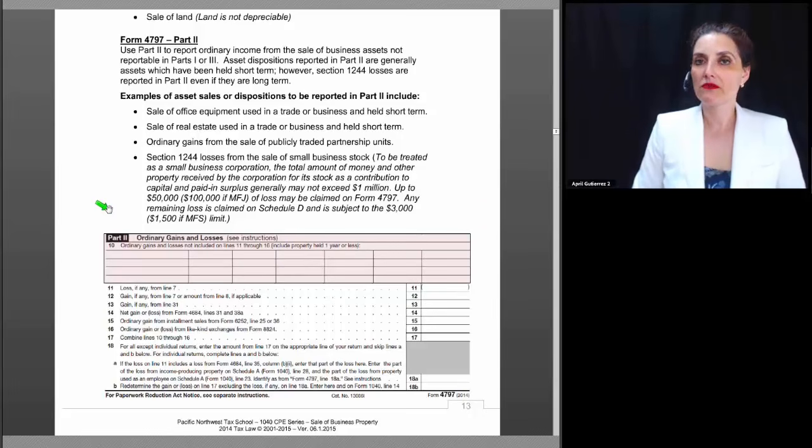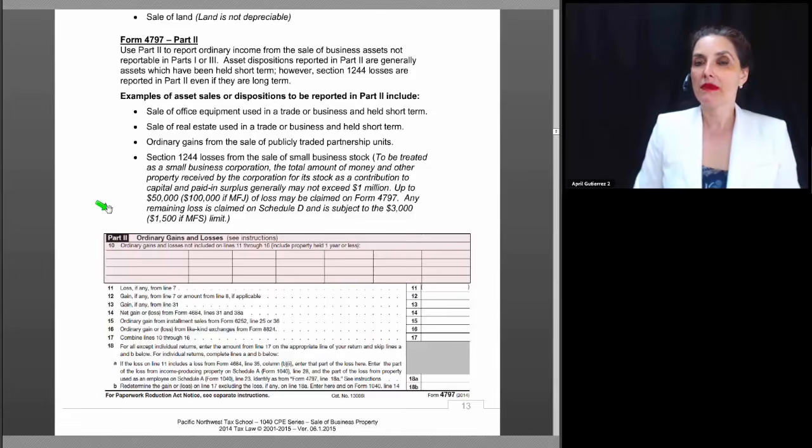So what that particular rule is saying is that if you are an original investor in a small corporation that had startup capital of $1 million or less and you lost your shirt, instead of being restricted to claiming a loss of only $3,000 a year on your Schedule D, you can instead choose to treat the loss as a Section 1244 loss and enter the loss in Part 2 of Form 4797.